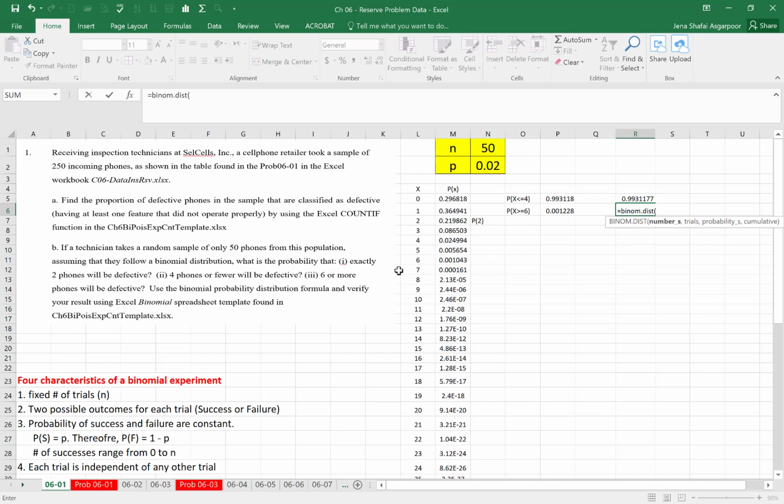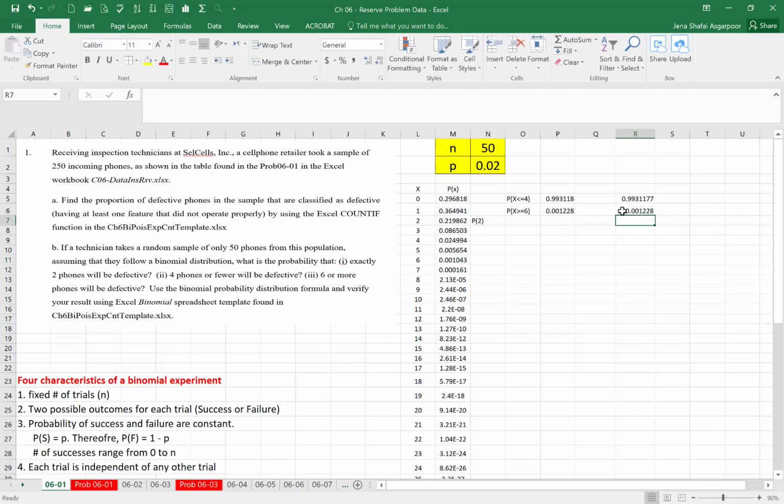Now we can use the binomial distribution, and it says 6 or more being defective. So if we want the 6 to be included in that range, then it's really the probability of 5 or less that I want to subtract from 1. So I would have 1 minus the binomial distribution of number 5, number of trials 50, probability 0.024, and I would say true.